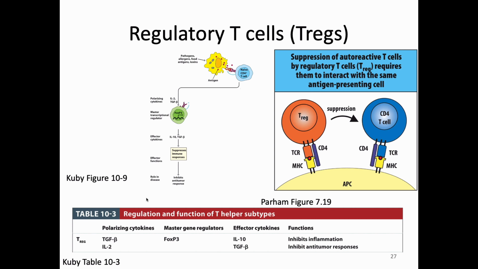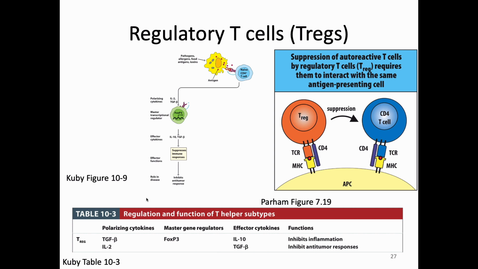Notice that this is a slight similarity with Th17. Th17s also included TGF-beta for polarization, but with Th17s, it was TGF-beta plus an inflammatory cytokine, like IL-6. Here, it's TGF-beta alone, so there's no inflammation in this case.